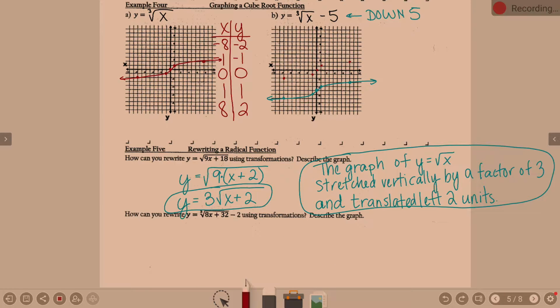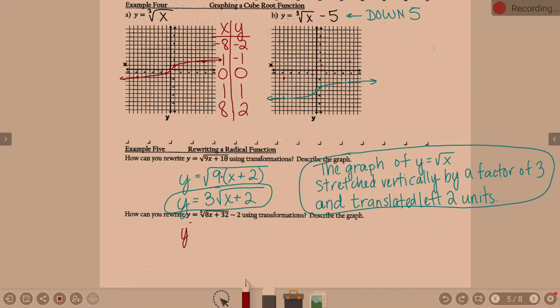So how can you rewrite y equals the cube root of 8x plus 32 minus 2? Well, what do you notice under that radical? 8x and 32? Yeah, they both have a common factor of 8. So let's rewrite this.